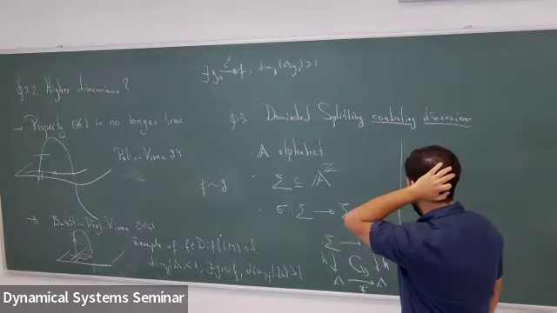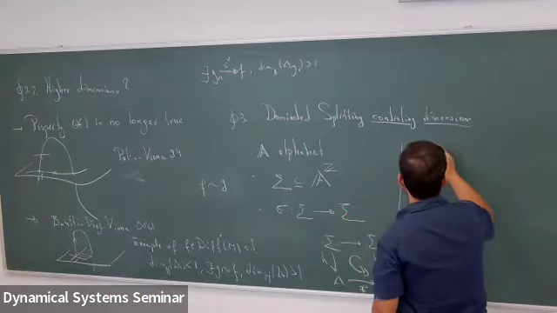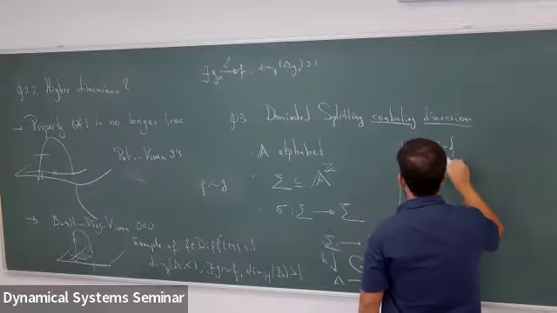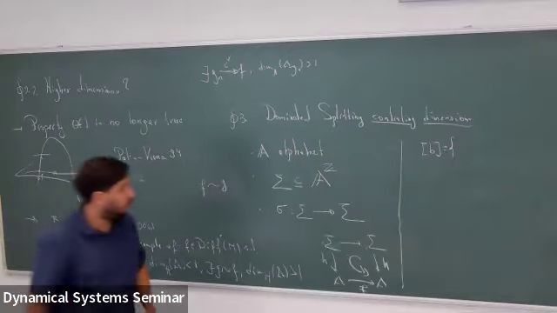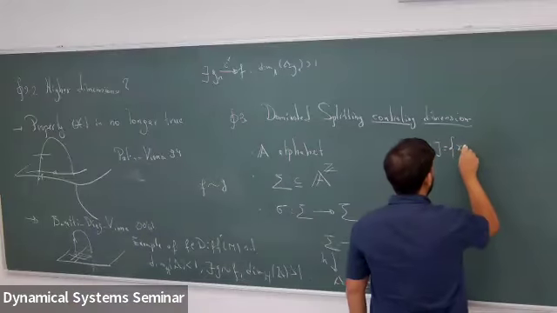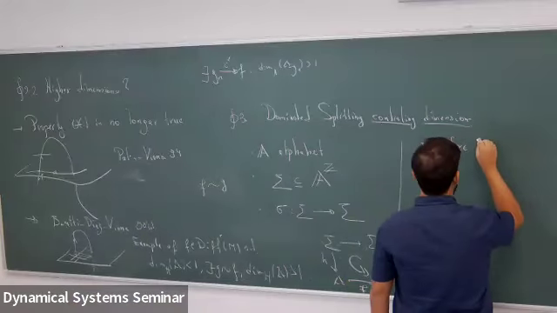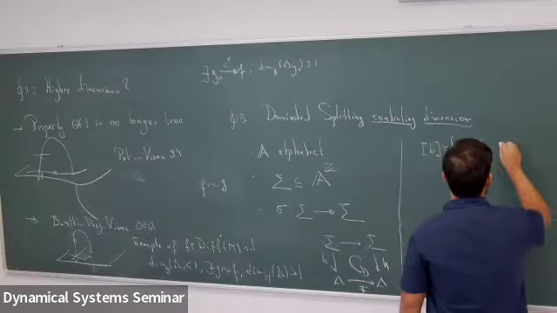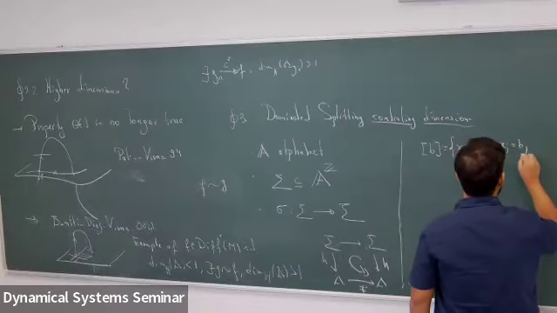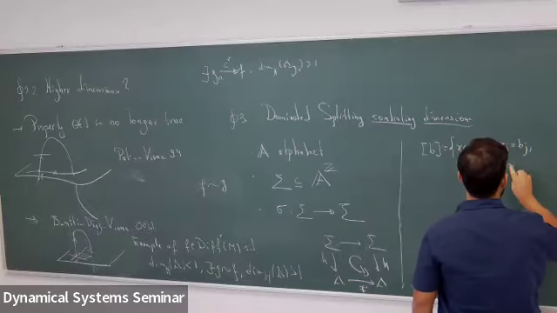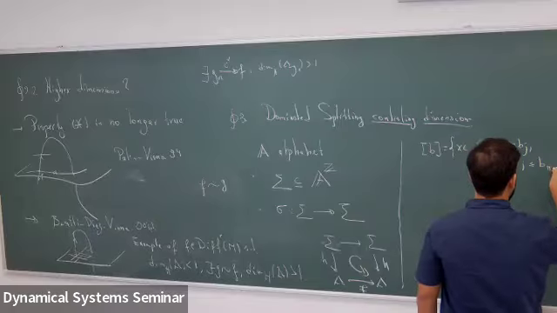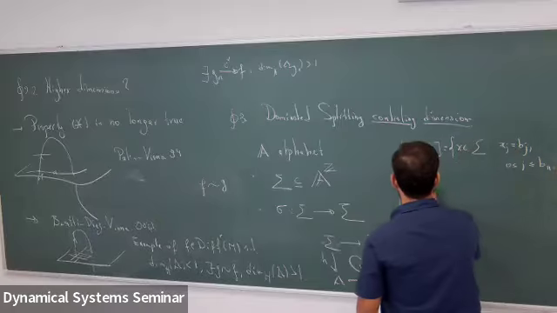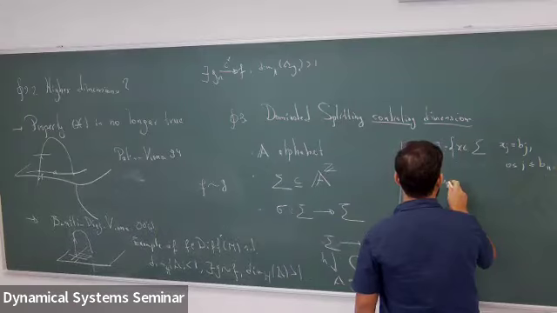Okay, and let me introduce some notation. By that I mean the cylinder. Since I mean the symbolic dynamics, I can talk about cylinders, which is the set of sequences in sigma such that x_j equals b_j for j from 0 to n minus 1, where b is a finite word.